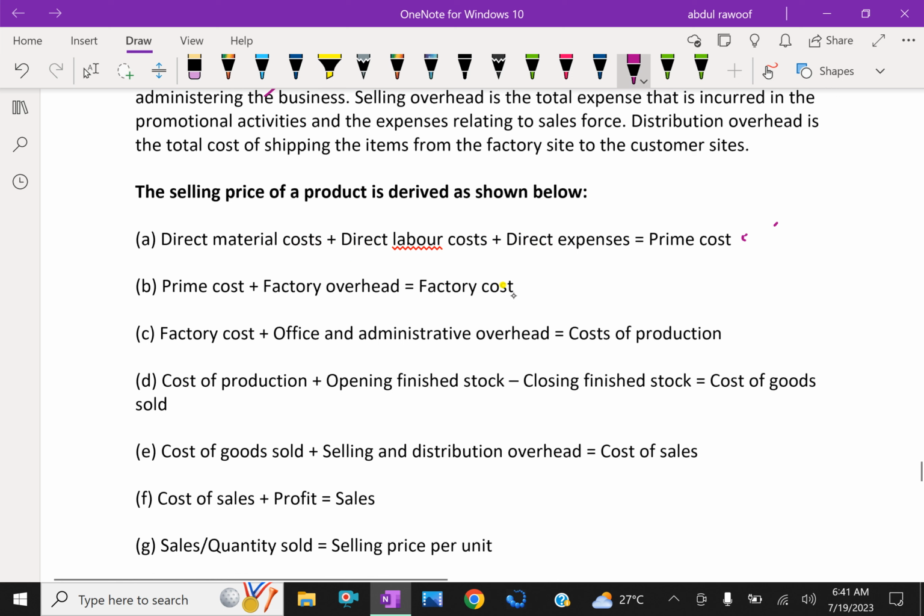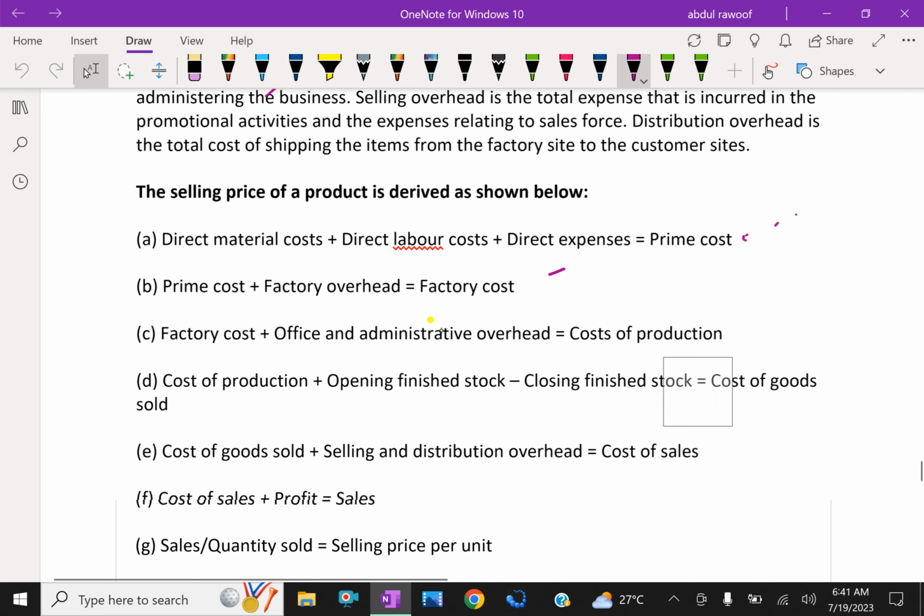Prime cost includes three things: direct material cost, direct labor cost and direct expenses. Then prime cost plus factory overhead is factory cost.